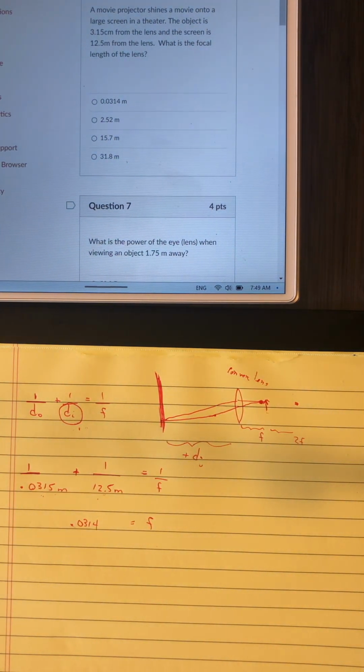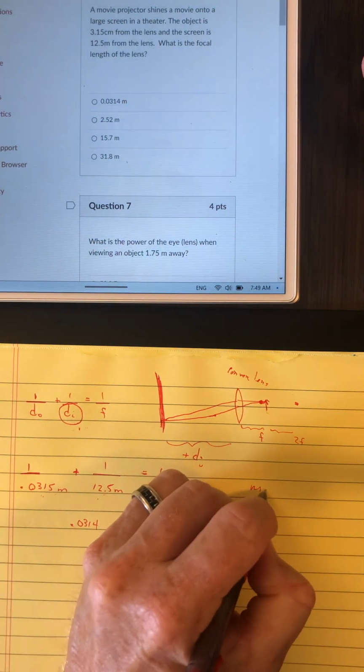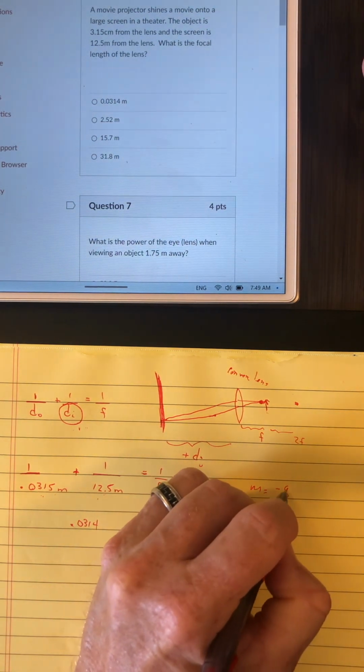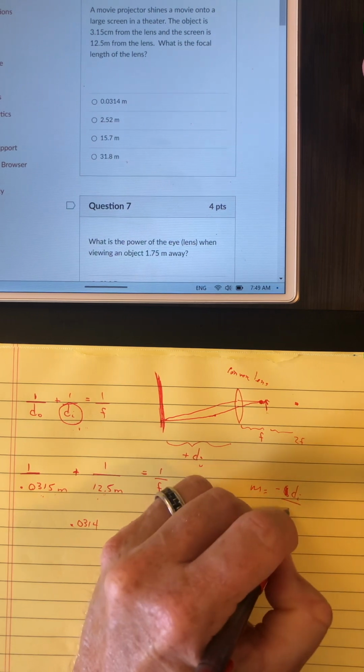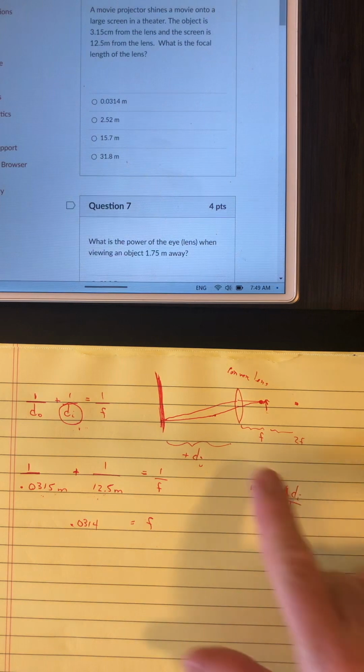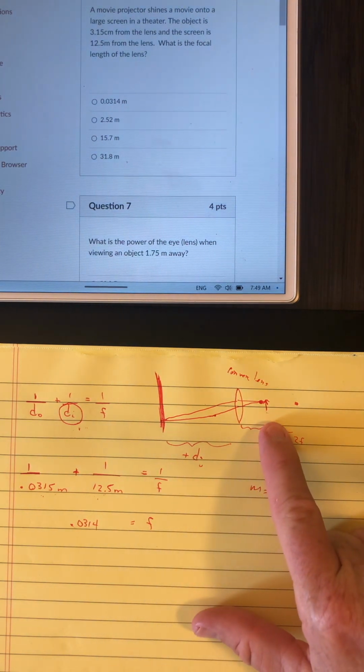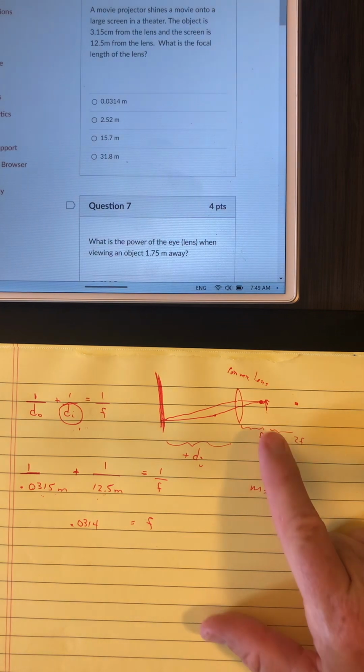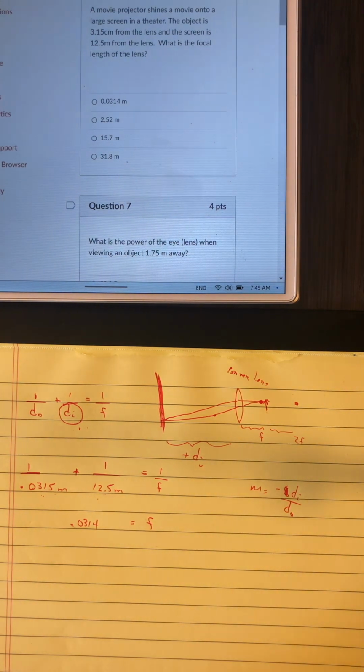I guess we don't really know if this one's going to be bigger or smaller, but it's kind of implied that way. Certainly if we did the magnification, which is minus image distance over object distance, we would see that it's greater than 1. Because it's so much bigger, we probably could have guessed that the object is just a hair more than the focal length.